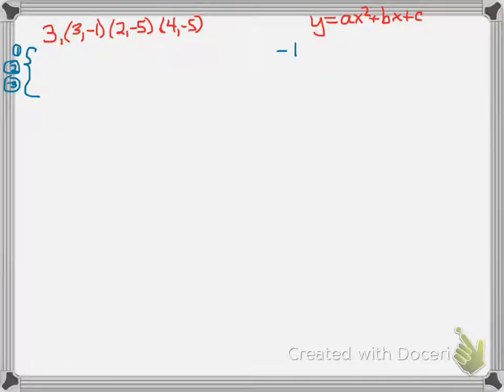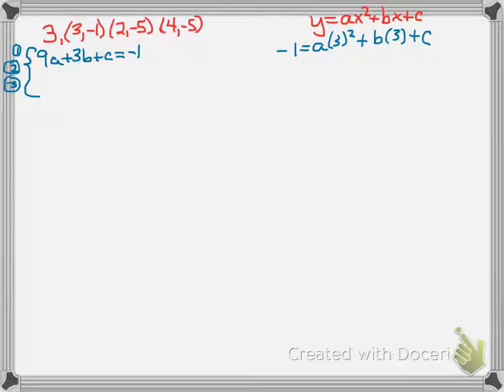First, we have -1, our y, is equal to a times 3 squared plus b times 3 plus c. Okay, that gives us equation number 1, which is 9a, because 3 squared is 9, 9a plus 3b plus c is equal to -1.